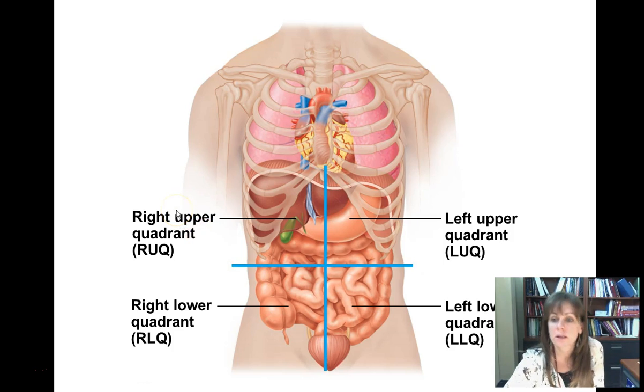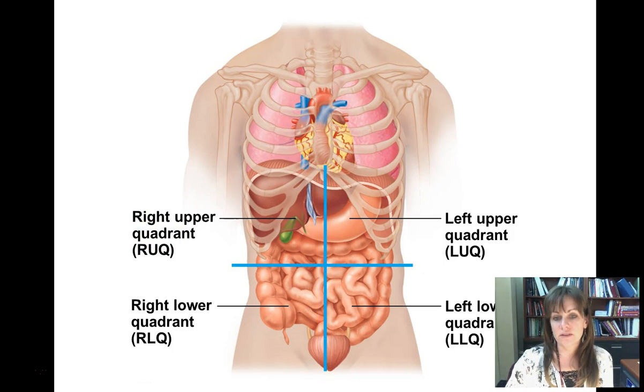So anytime I look at these images and I think, oh man, which way's right, which way's left, I act as if I was going to be shaking hands with the person. And if I'm shaking hands with them, then my right would shake hands with their right. Okay?